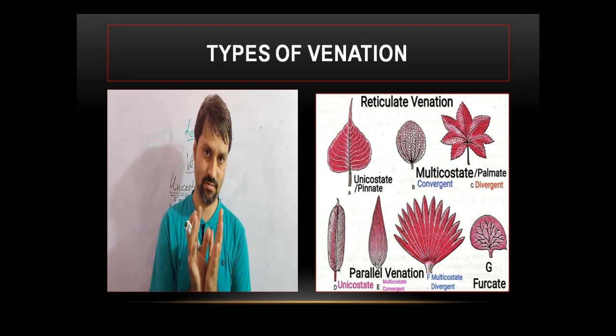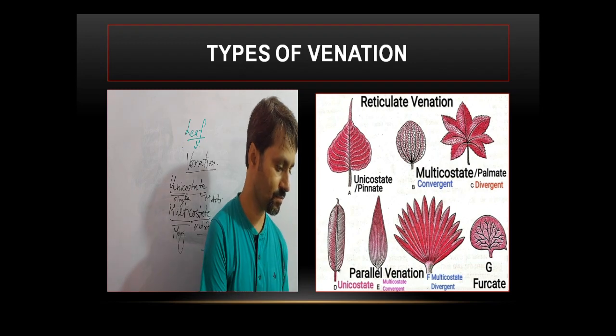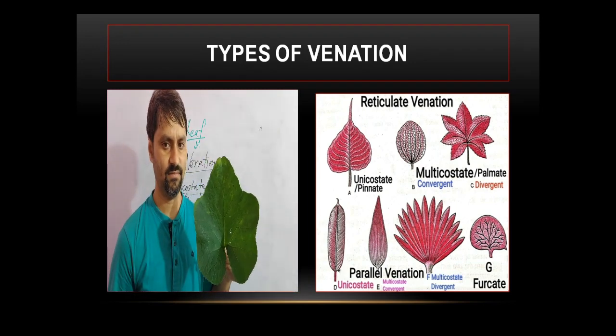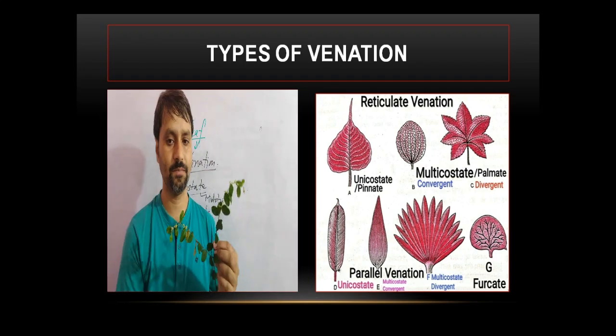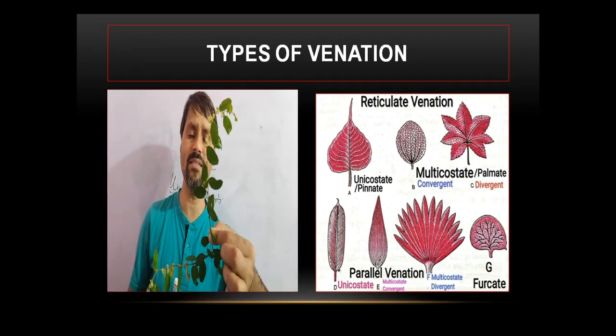सेकंड वन इज multicostate or palmate. Now ज्यादा midrib होंगी. There are two examples. This is the multicostate. First one convergent. So see here the convergent first one. See here बेटा. किस चीज का पत्ता है वो देखिए, किस चीज का स्टेम ट्विग है बेटा?